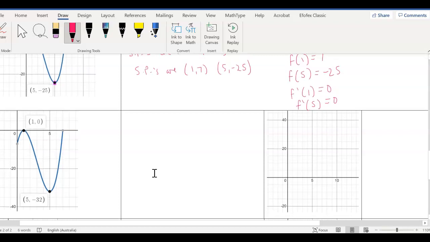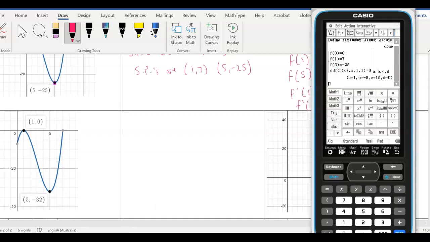On your calculator, now I tried this the other day, I might just see if it works this time. Actually, I think I figured it out at the end of the lesson. If we go to define and we did f of x, now remember we defined f of x with just using a, b, c or d.